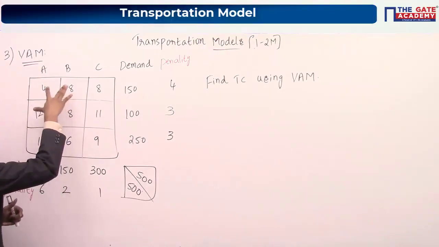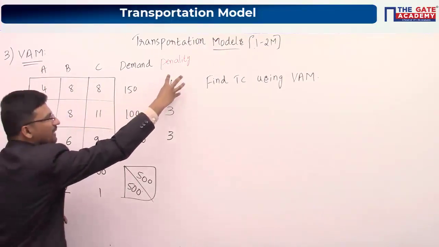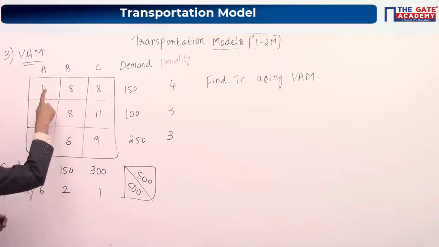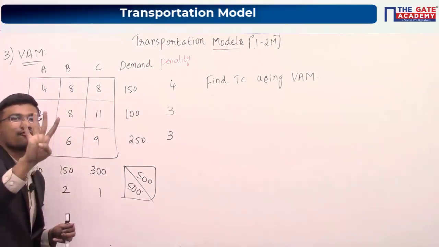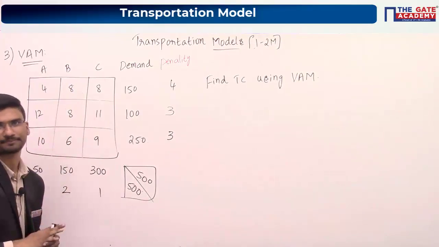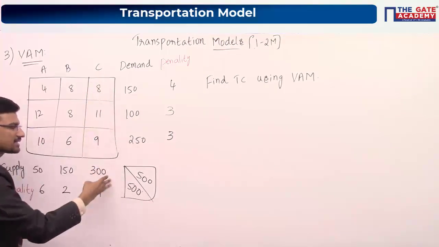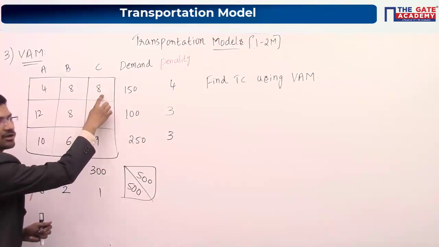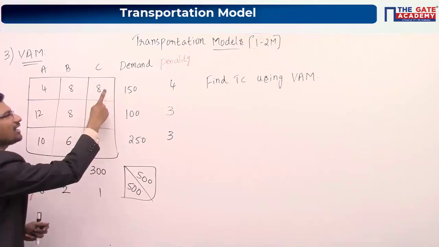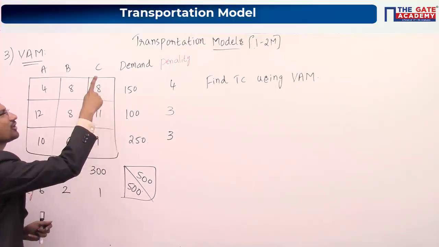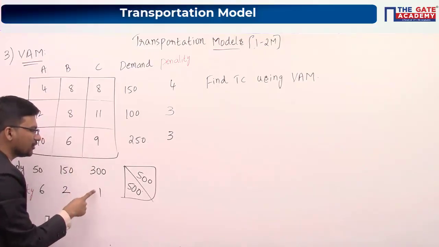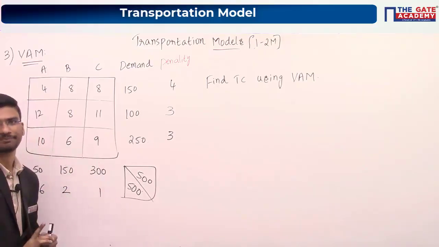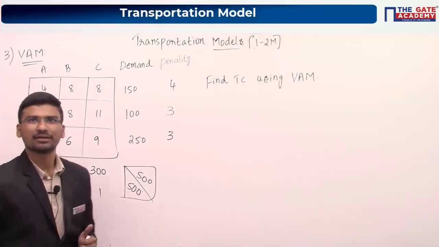Now, the meaning of this penalty is, if you are not allocating here, that means instead of allocating here, if you are allocating here, you have to pay an extra 4 rupees per unit. Let us take this column. This is the minimum cost. If instead of allocating in this particular cell, you allocate in this cell, you have to pay an extra 1 rupee. That is the meaning of penalty.